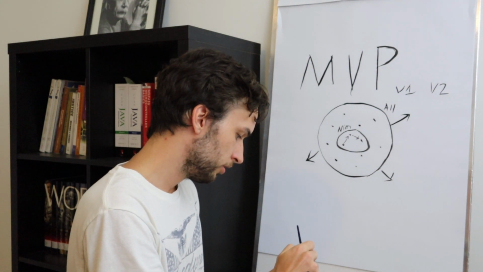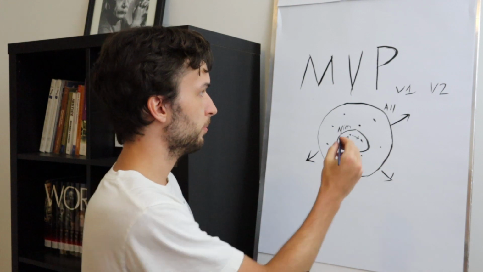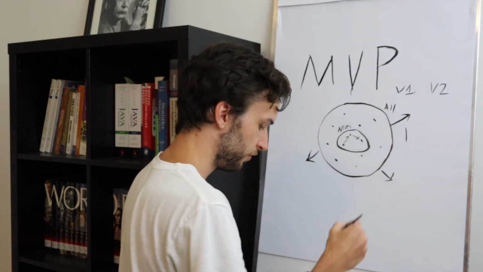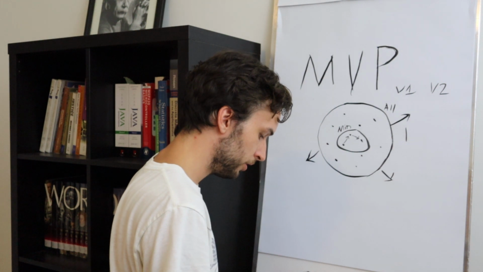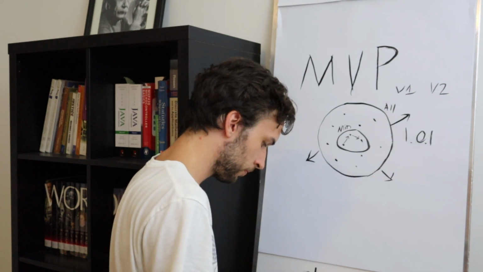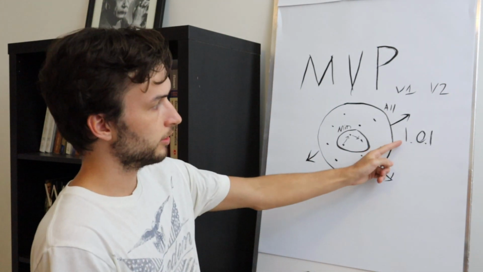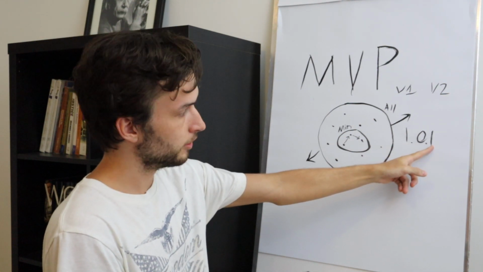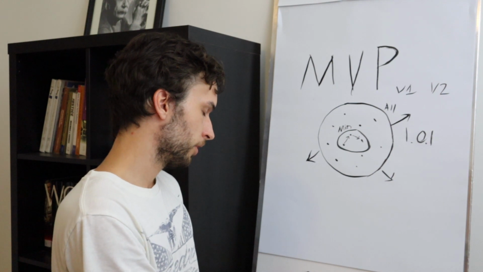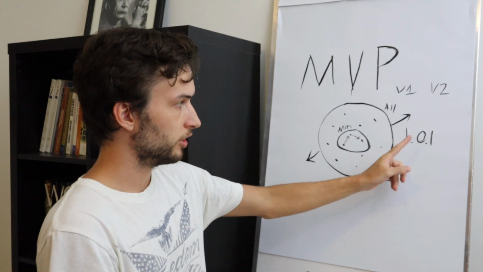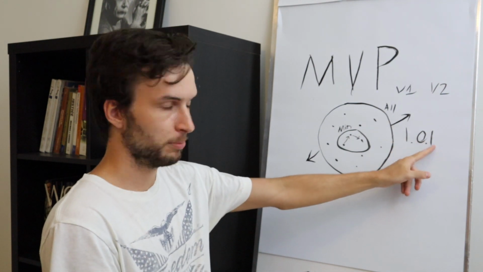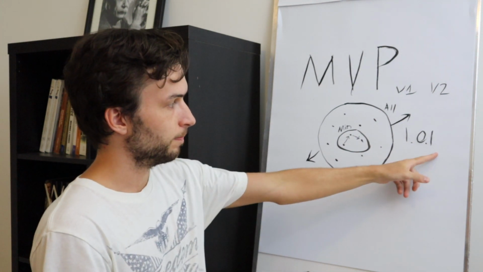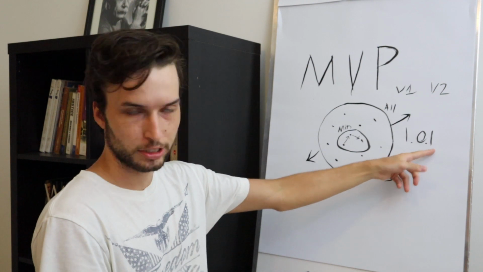In versioning, in computer science, I forget what the official name for this syntax is, but it's very common, 1.0.1. So this first number is major, second one is minor, third one is patch. This is major changes, this one is minor changes, and this is for fixing bugs. And if you make changes, you increment the number depending on what you change.